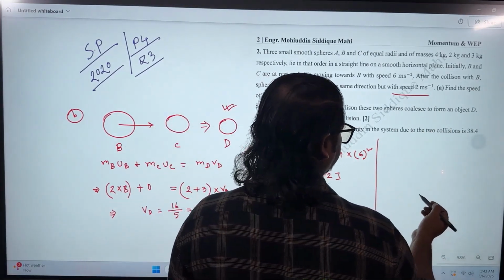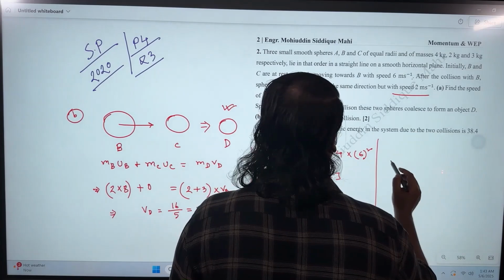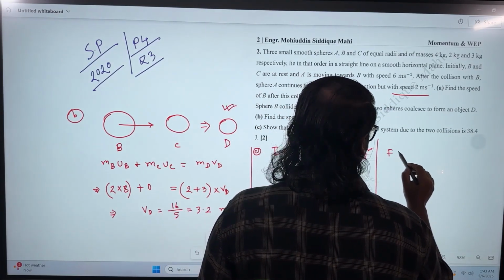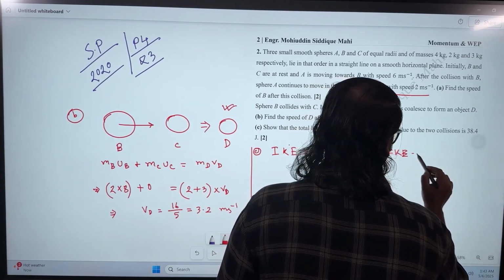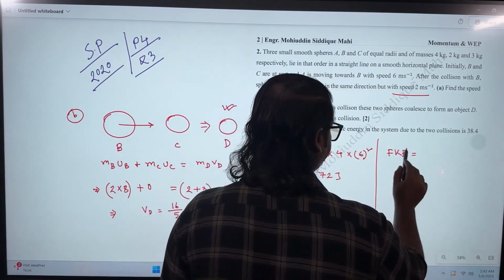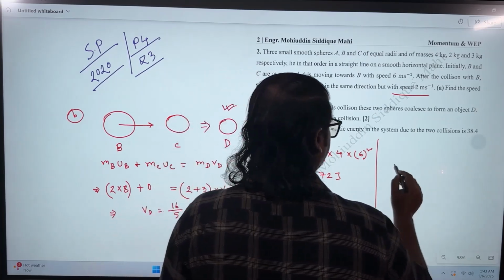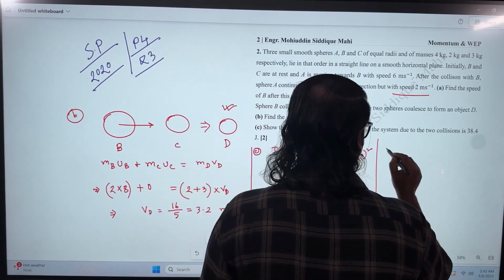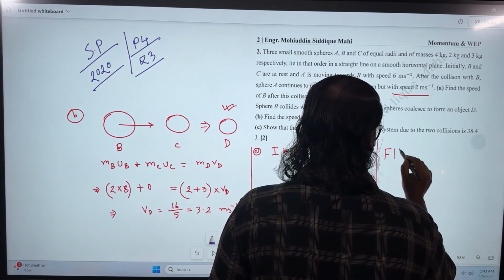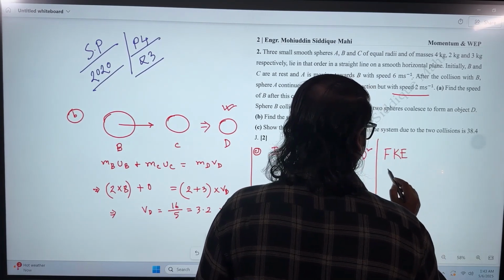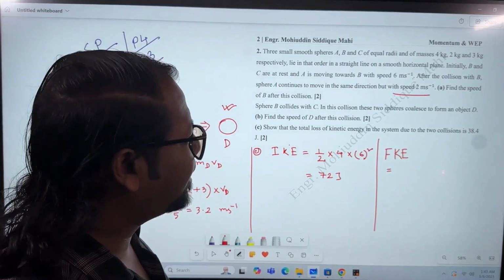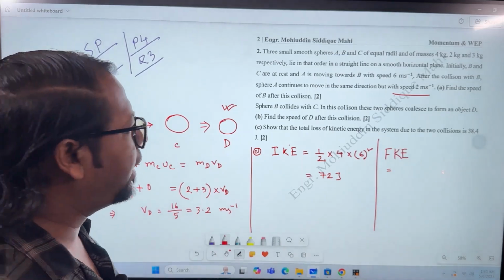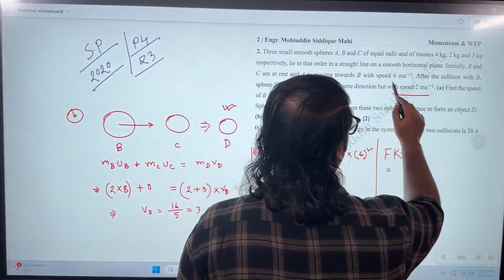Now, after collision between A and B, A was moving with a speed of 2 meter per second. So for final kinetic energies, you need to consider the kinetic energy of A, because after collision the speed of A is reduced. It was reduced from 6 to 2 meter per second.